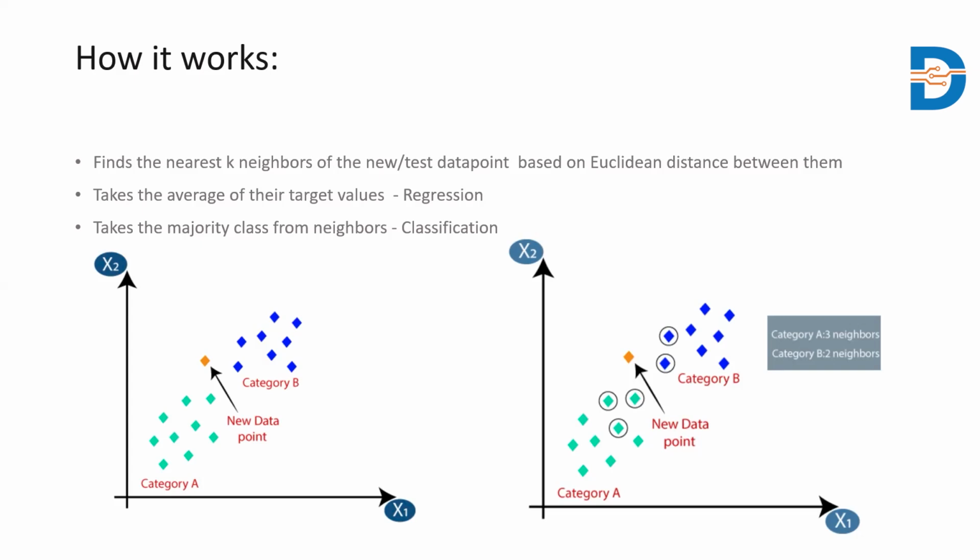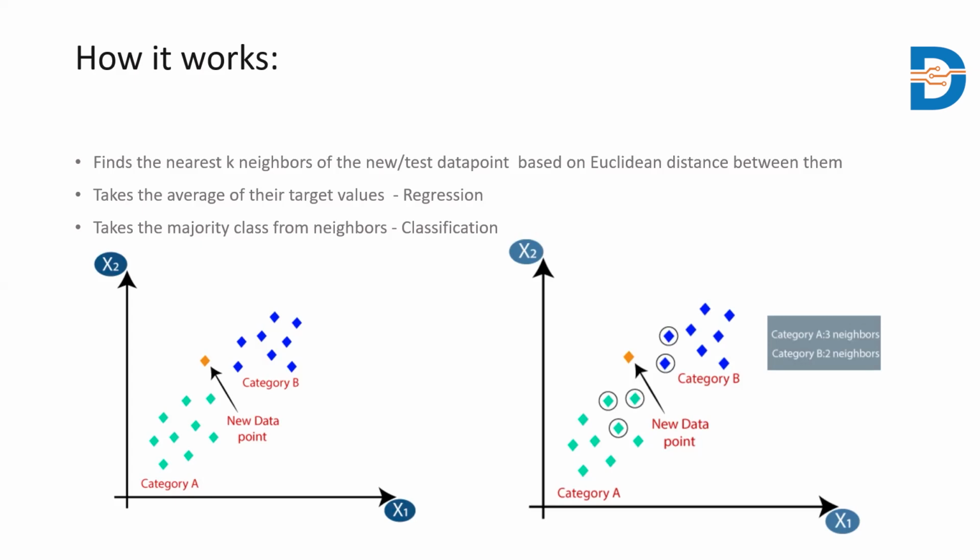The value of k is decided after calculating the total error, classification error or regression error, of the test data set for different k values. So, for example, if I take three neighbors, how much error am I going to get? If I take four neighbors, how much error am I going to get? In this way, the error value is calculated, and then we decide the best k value.